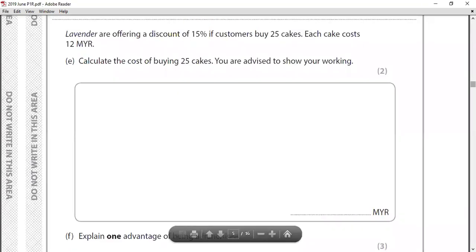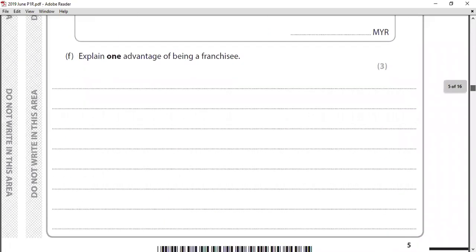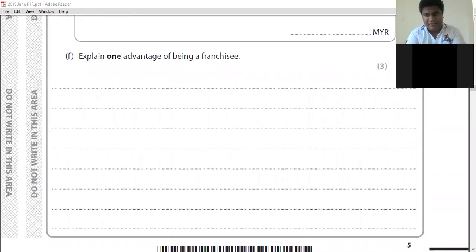Question number 1, part F, an explain question. Explain one advantage of being a franchisee. Guys, for this kind of question, there are a lot of advantages: the franchisee can get backup support, it's a tried and tested business, and so on. But no need to write more than one advantage. I'm always telling you, write only one advantage and explain that answer, develop that answer.